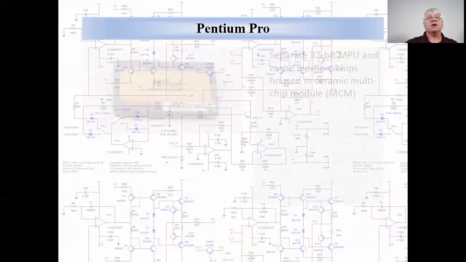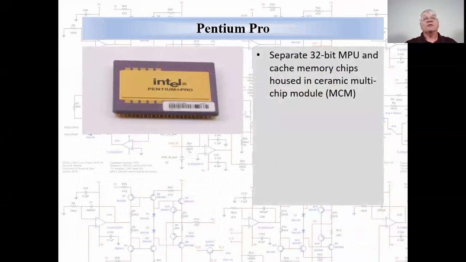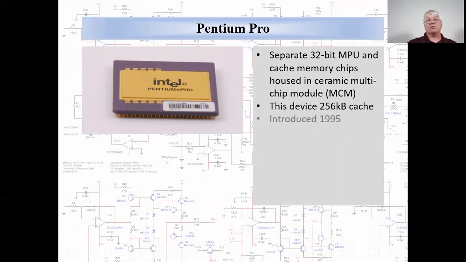Let's take a look at the Intel Pentium Pro. This is a multi-chip module with both an MPU and a cache memory in a ceramic package. This chip had a 256 KB cache memory. Other cache sizes were available. It was introduced in 1995, had 5.5 million MOS transistors with a minimum size of 600 nanometers.